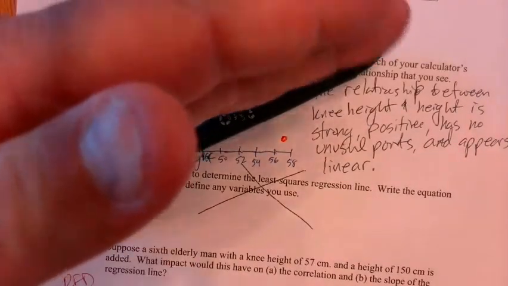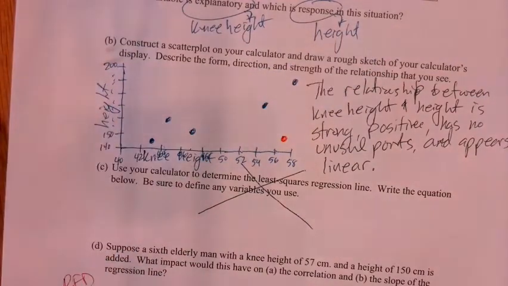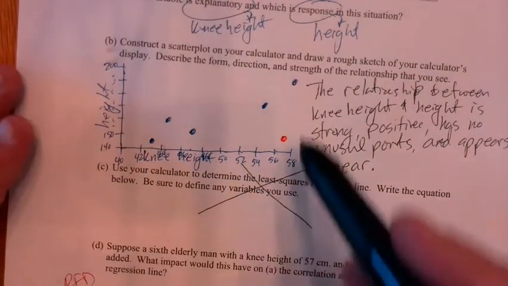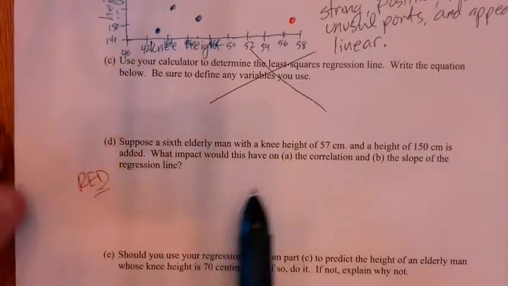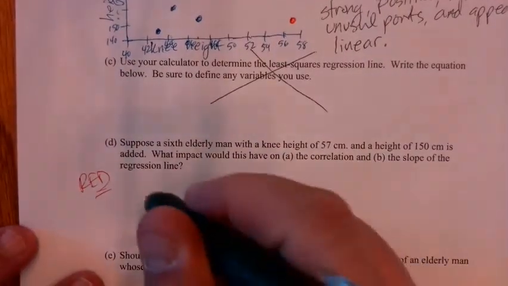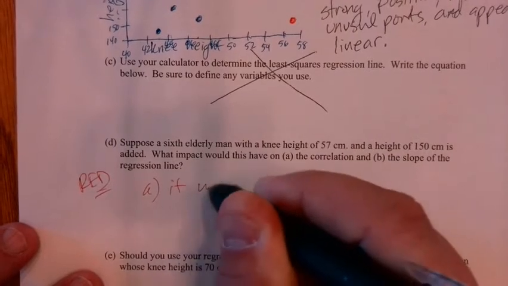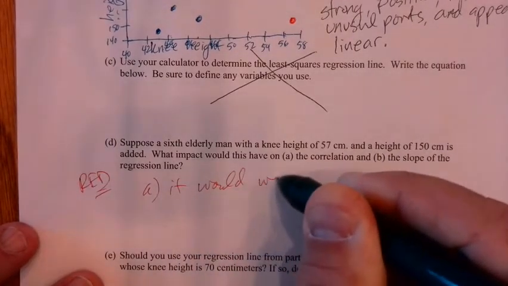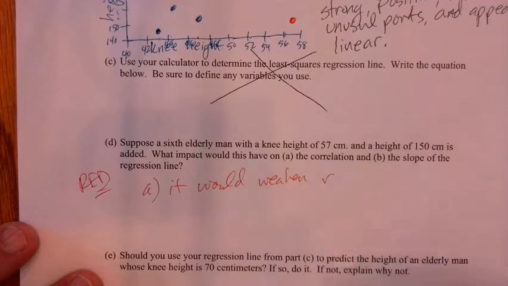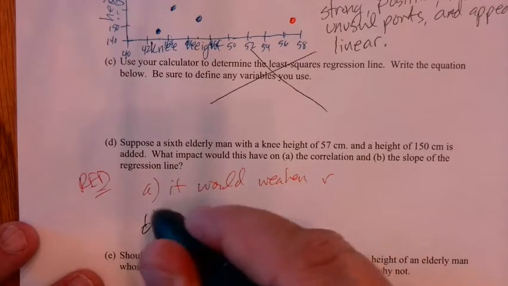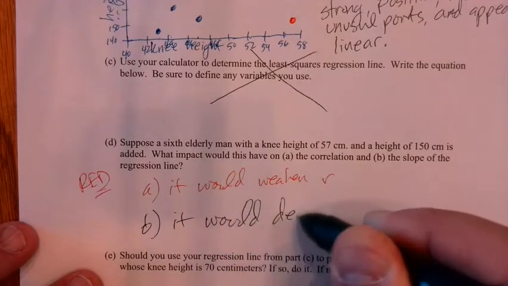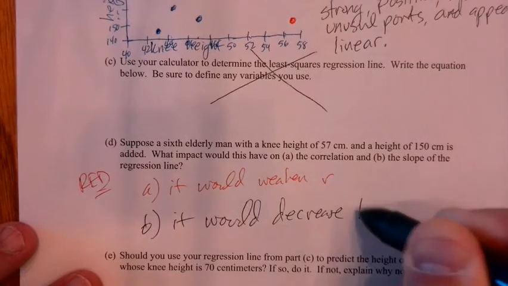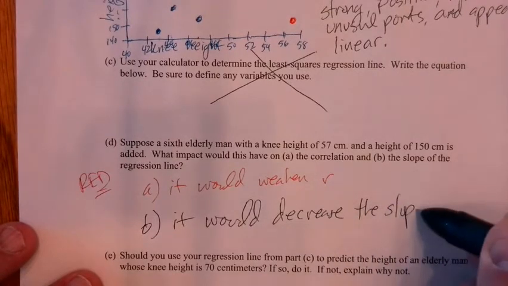The slope is positive, so it's going to be less positive. It will decrease the slope, and since it lies outside the pattern, it's going to weaken my correlation. So the effect on the correlation is that it would weaken r, period. And the slope, it would decrease the slope.